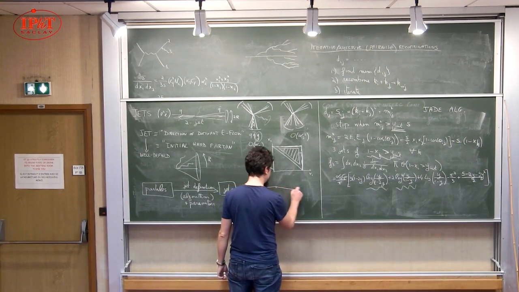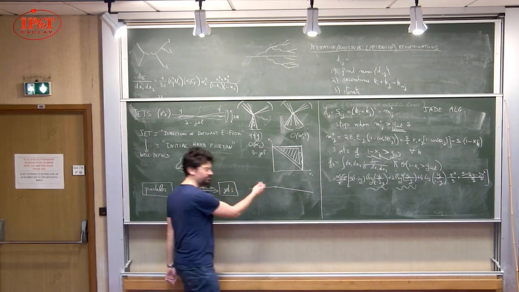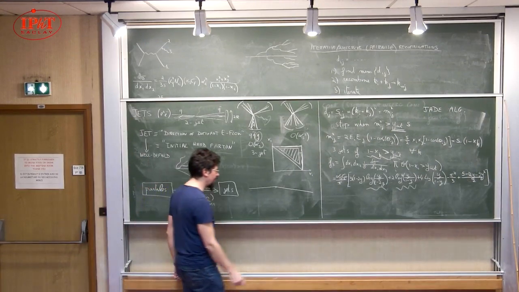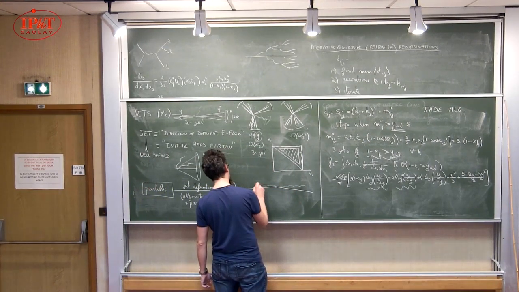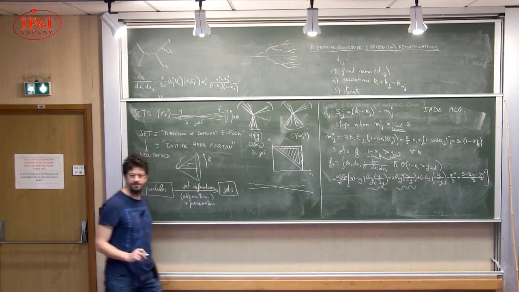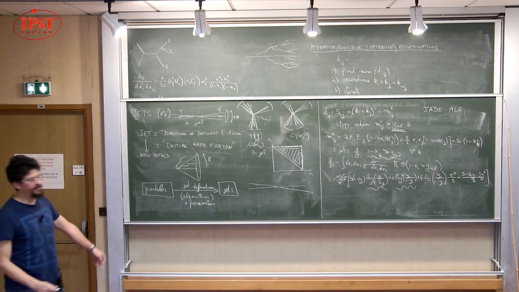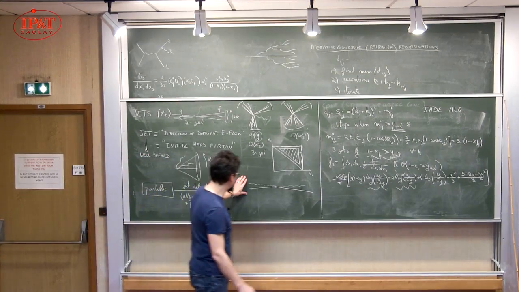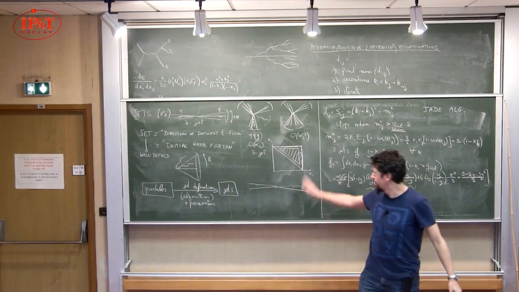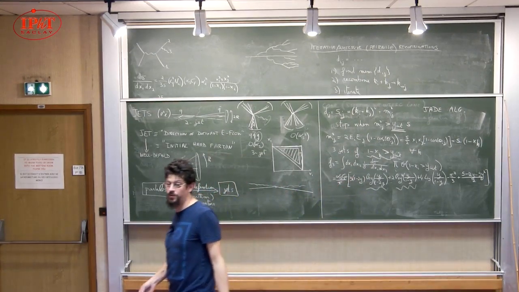Imagine you have an event where you have a hard quark and anti-quark, and then you have a soft gluon somewhere on this side and a soft gluon somewhere on the other side. Naively, everyone's going to agree with me this should be a two-jet event, right? You have something which appears on the left side, something which happens on the right side. This is obviously two directions of flow of energy.